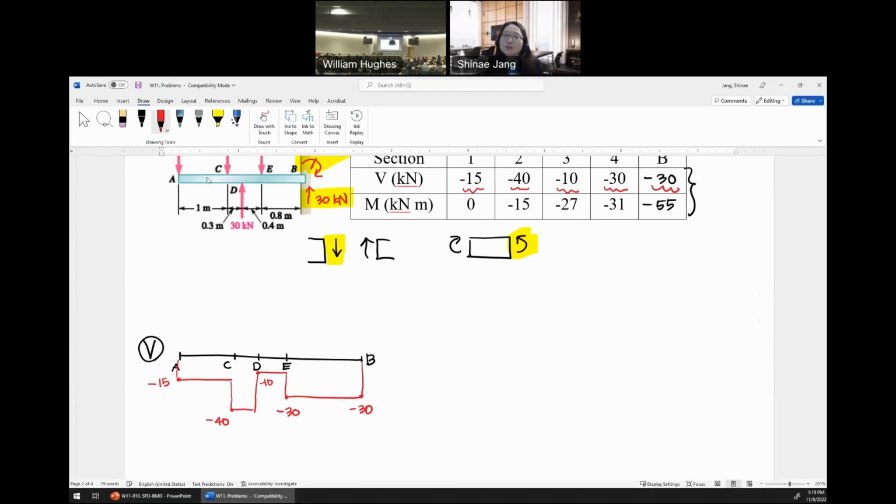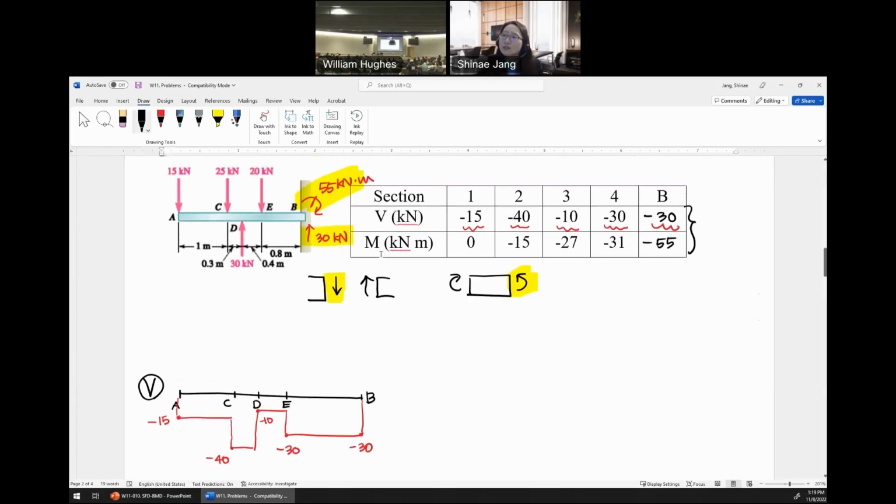So that's the shear force diagram. Any questions? That's using the method of cuts. And here we can also use the follow the load method, right? Follow the load method. How?